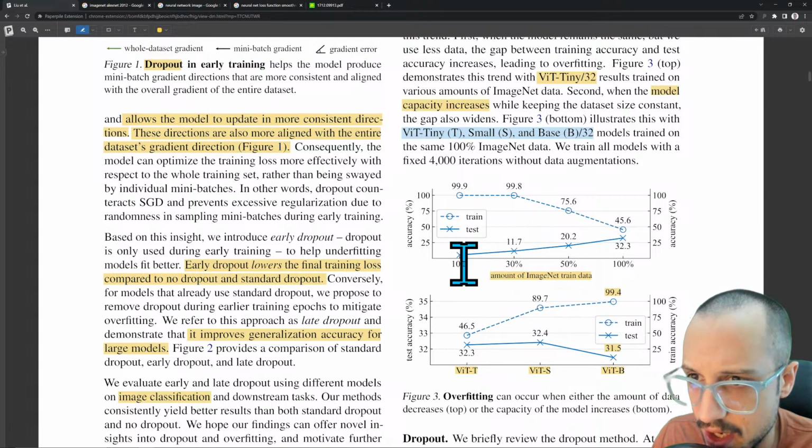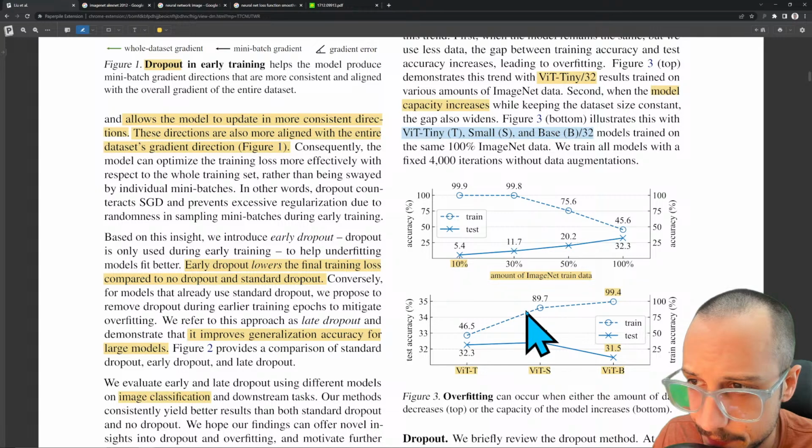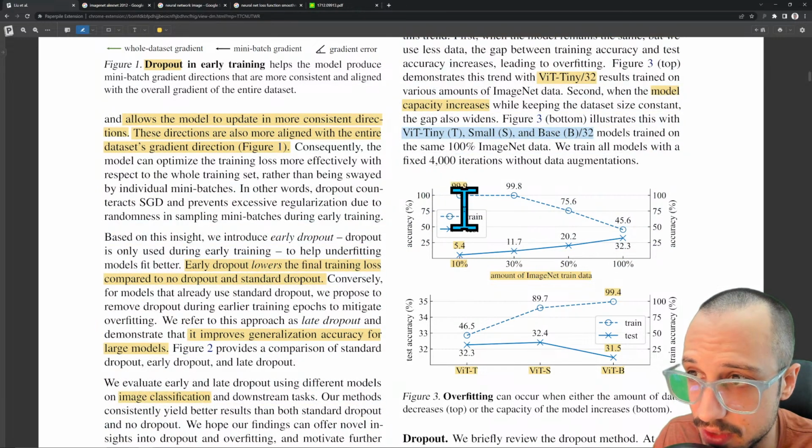And here they're saying, what does the overfitting, underfitting look like if you change the amount of data? So you can see that when you have a small amount of training data, you're going to overfit a lot easier. So look how bad this overfit is. You have a score of 99.9% on the train data set, and then a score of 5.4% on the test data set. So this is overfit hard right here, right?